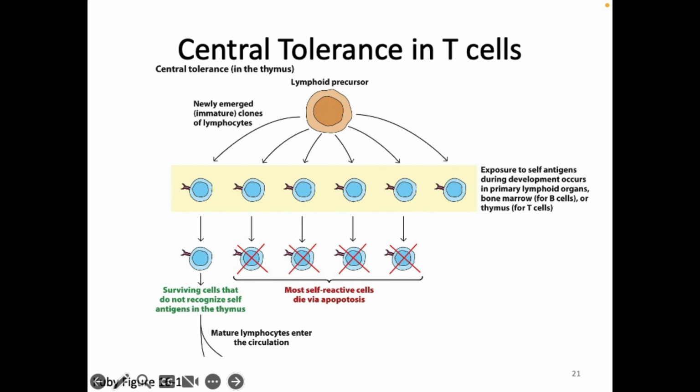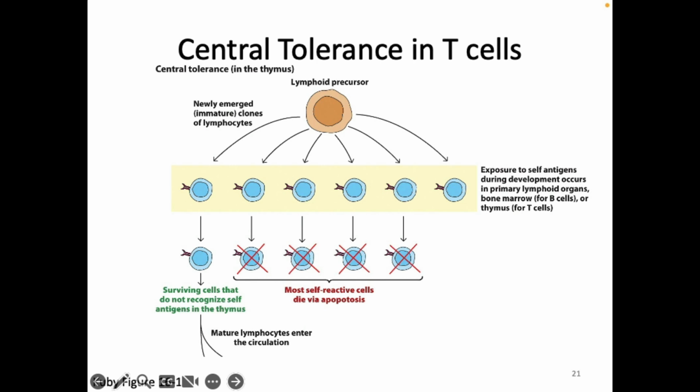Because it's going to bind and then it leaves and would potentially bind something else. So what would happen if this cell that binds real strong in the thymus leaves the thymus, gets to graduate from thymus college, and goes out into the real world? What would happen? I see some head shakes. Yeah, David. It would respond to all your self cells. It would respond, maybe not to all your self cells, but it would respond really strongly to some self antigen. It would give you autoimmunity, right?